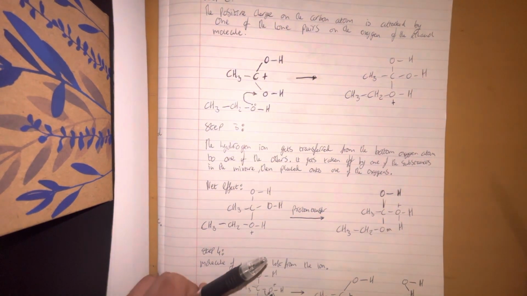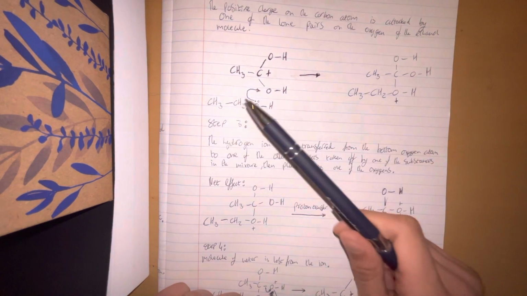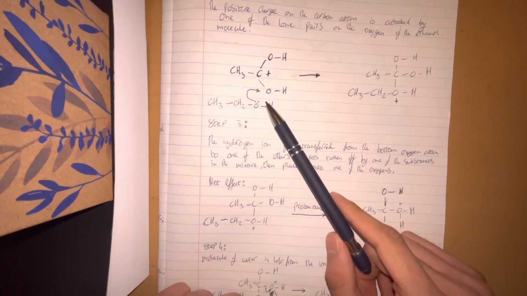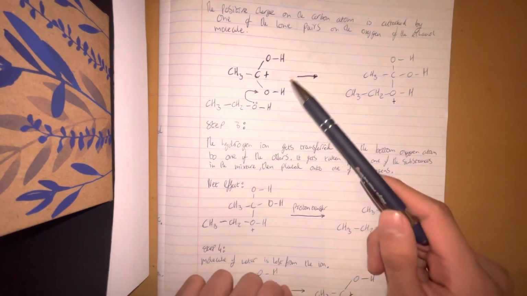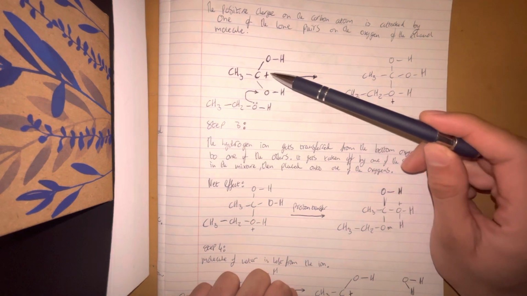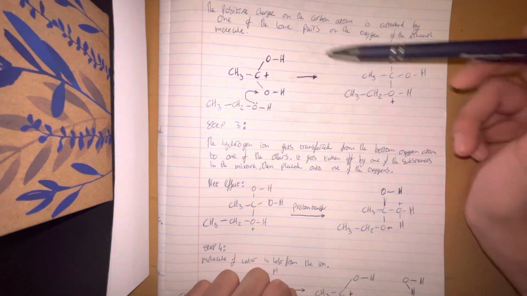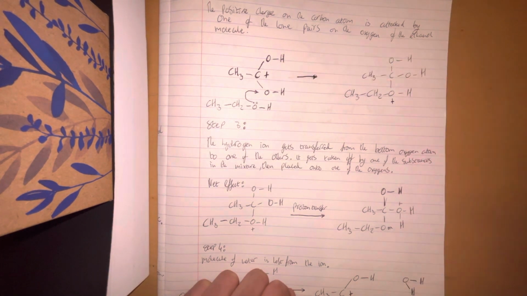So in this step, this ethanol molecule comes into contact with this ethanoic acid, where it attacks the positive part on the carbon because it still contains its ion.